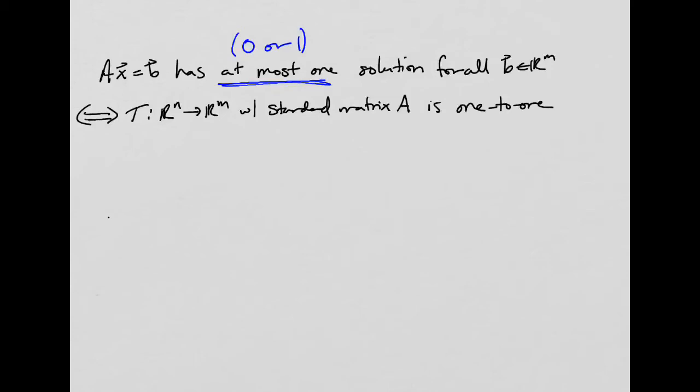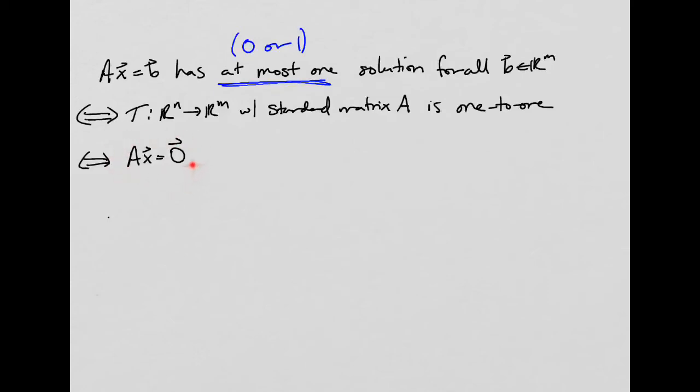But let's do some other ones. The next one I want to think about is a special case of this equation. Let me put 0 over here, because I'm saying that this always has at most one solution. So let me think about the homogeneous equation AX equals 0. So we know AX equals 0 has one solution. It has the trivial one. I could always plug 0 into this, and it makes sense. So this has at least one solution.